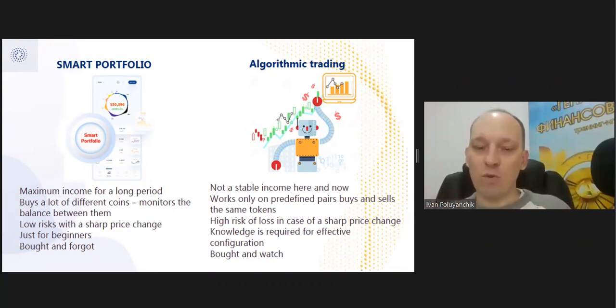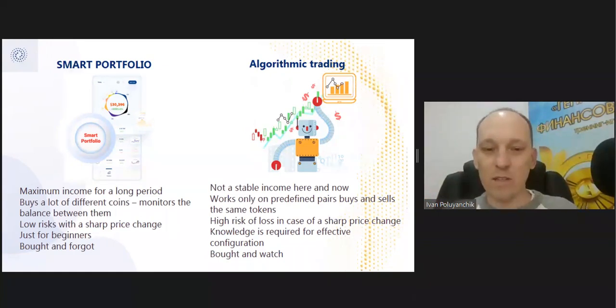The Smart Portfolio's task is to buy cryptos that have a good growth potential, whereas the algorithmic trading bot's task is to pick a currency pair, and you buy and sell, and penny by penny you make yourself an income.